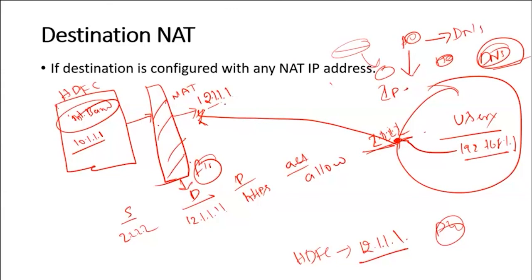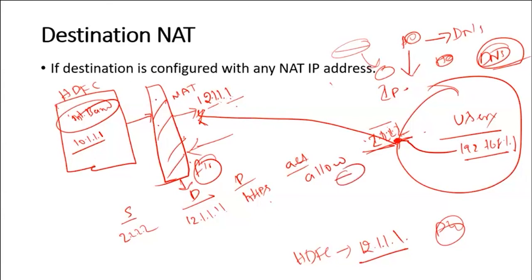So the traffic is initiated between this source IP and this destination IP. Once the traffic hits the HDFC bank firewall, it arrives with this source and destination IP. We want to access, so they have to allow our connectivity. They will write the source IP as 2.2.2.2, destination IP as 12.1.1.1, port HTTPS, and allow the traffic.